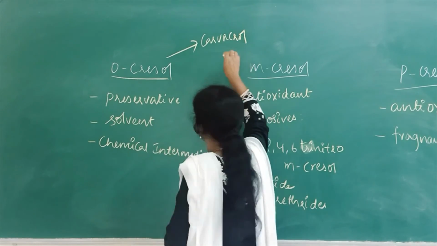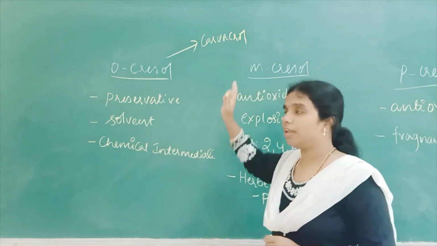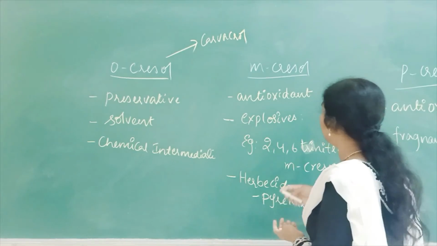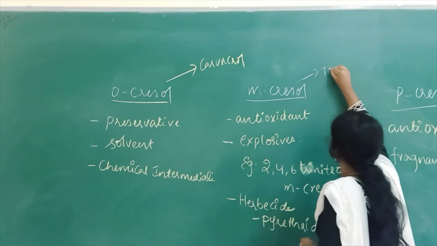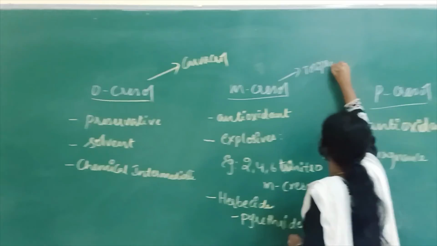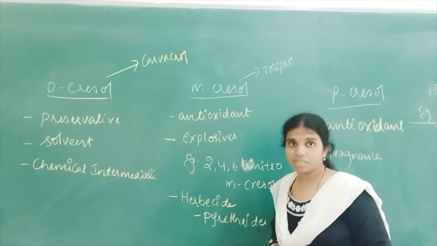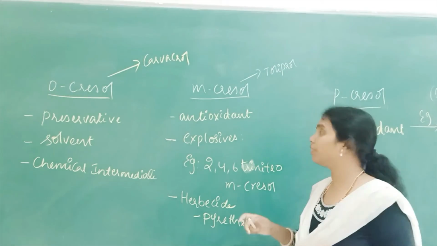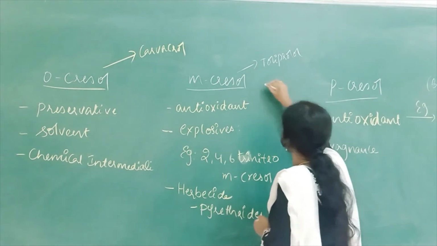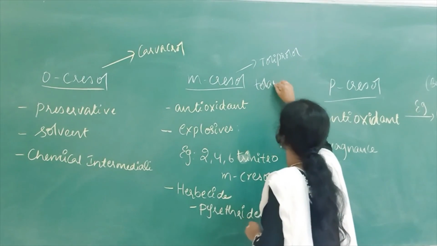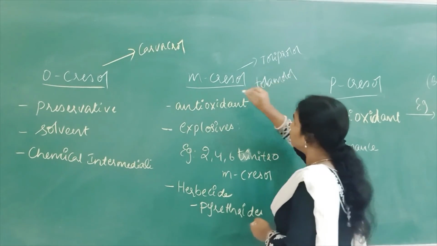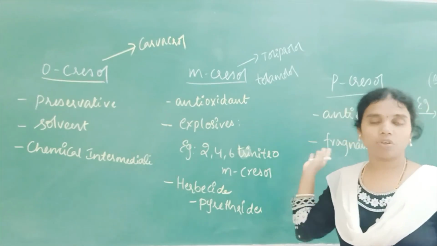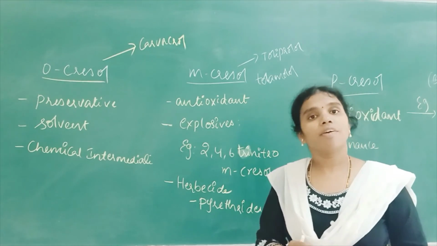Carvacrol is synthesized from orthocresol and is used as a drug. The other drugs are toliprolol and tolanolol, which means these cresols are used as starting materials or main ingredients to prepare these kinds of drugs. These are the categories of cresols which are used even to synthesize various drugs.